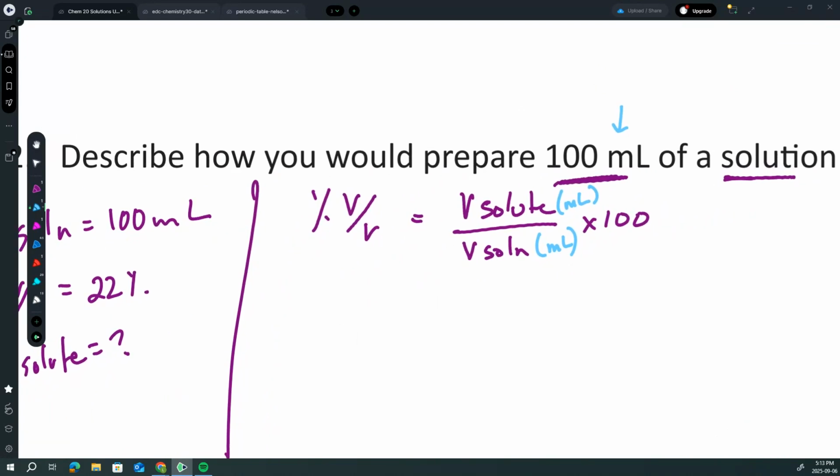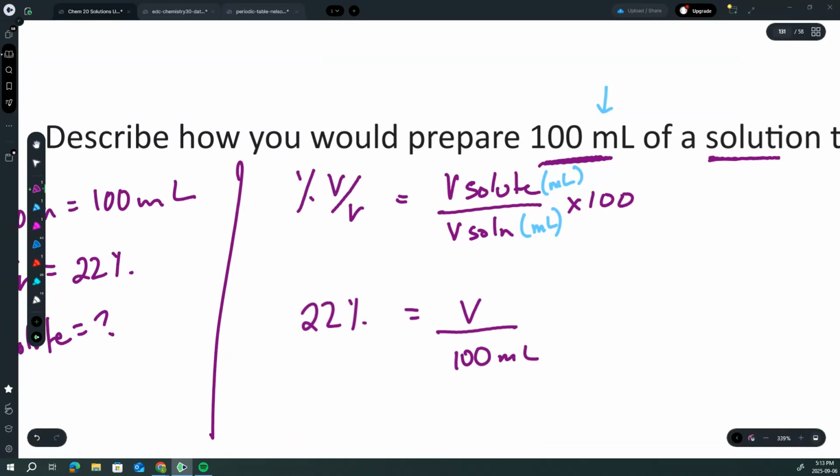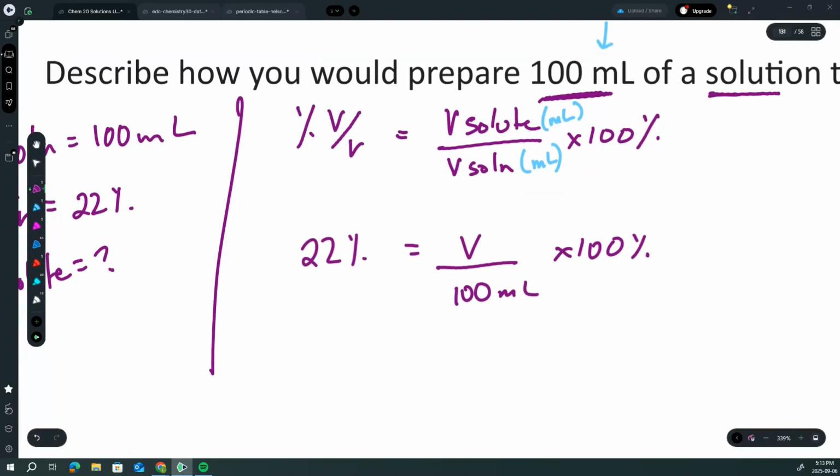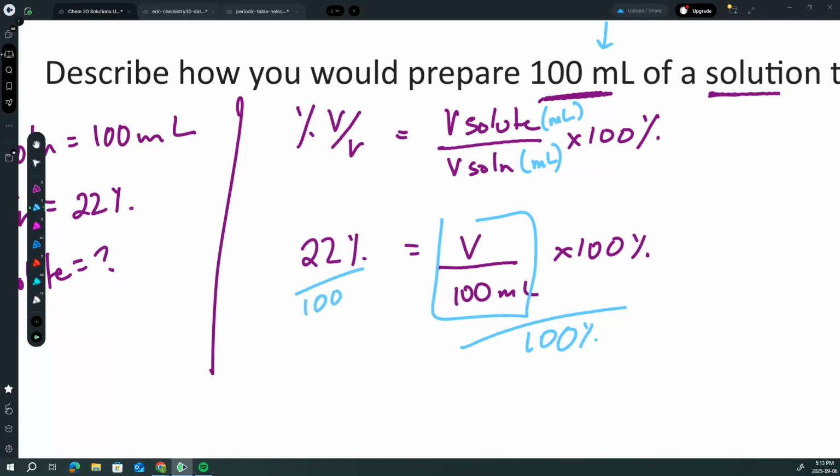Now, because this involves percentage, for these types of formulas I like plugging in the numbers first and then rearranging. So that's what I'm going to do. So 22%, I'm going to keep volume of the solute just as a V, and then 100 for the solution times 100%. Okay. So what I'm going to do is isolate this fraction. So the 100% is multiplying, I'm going to do the opposite, which is divide. Okay, so then this would cancel out.